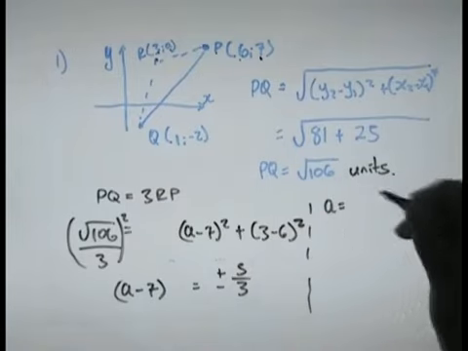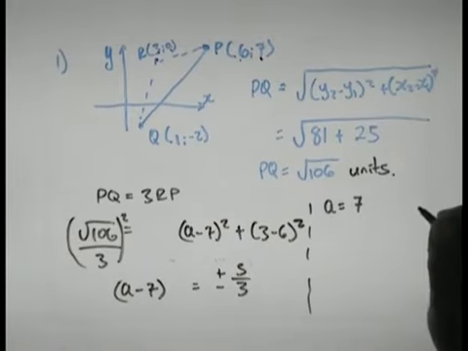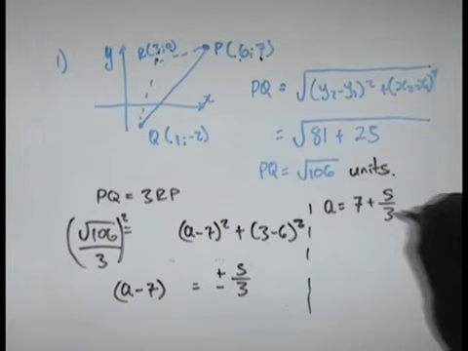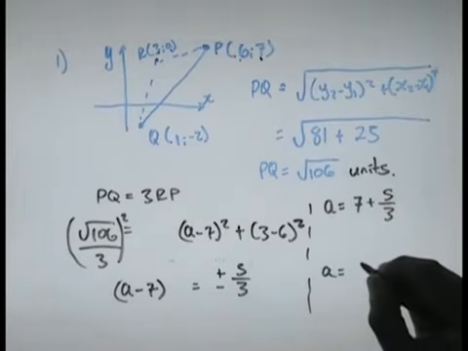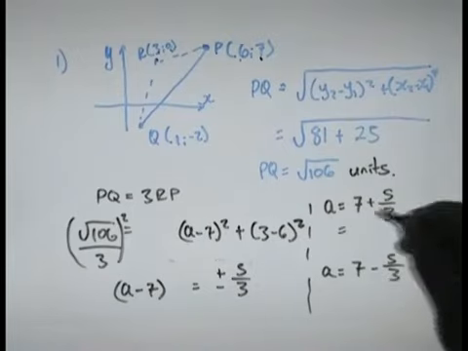That means that A is either equal to, take the 7 across, 7 plus 5 over 3, or A is equal to 7 minus 5 over 3.